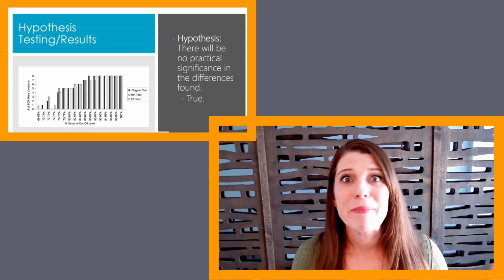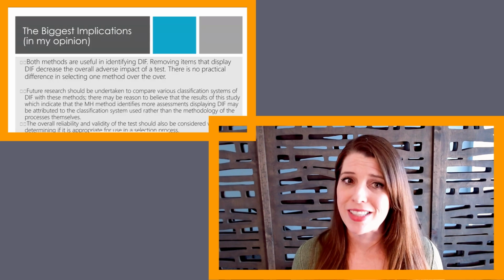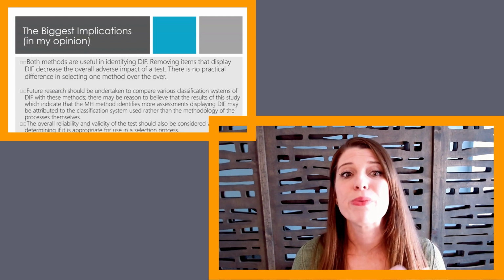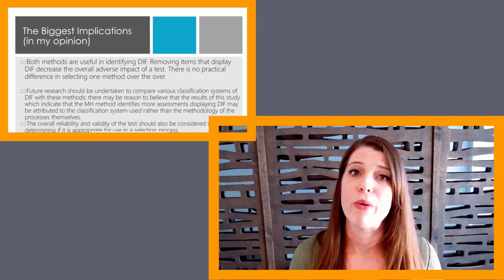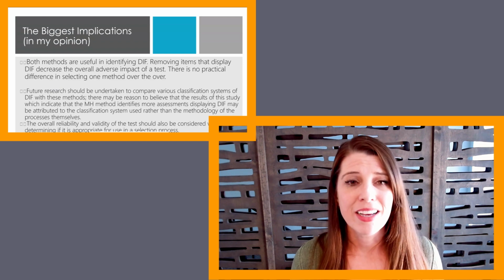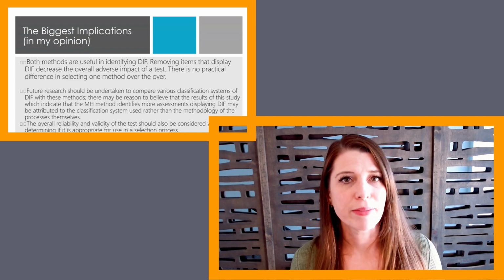So as the takeaway, my biggest implications are both methods are useful in identifying differential item functioning, and that when you remove items that display differential item functioning, you do decrease the overall adverse impact of a test, but there's no practical difference in selecting one of these methods over the other.